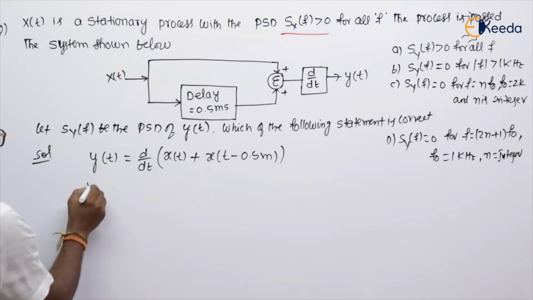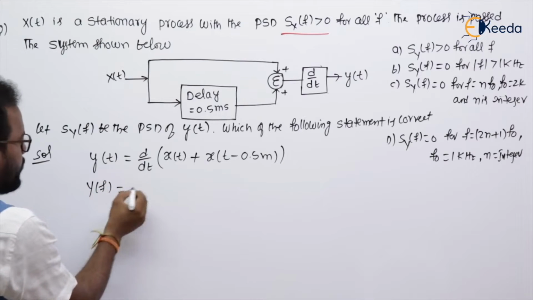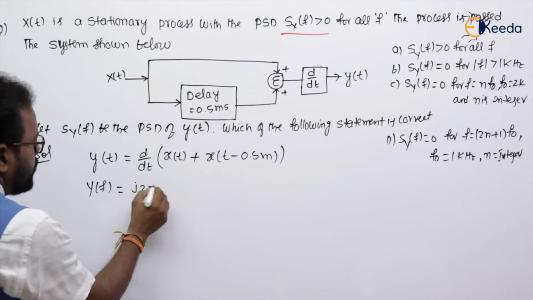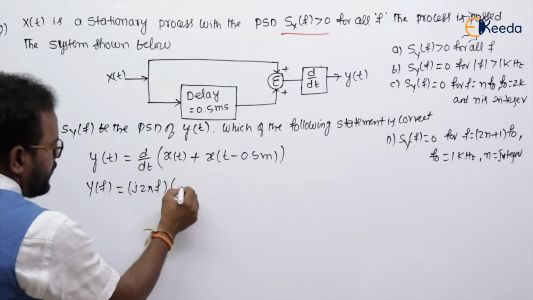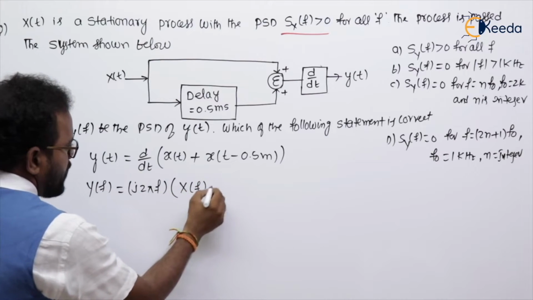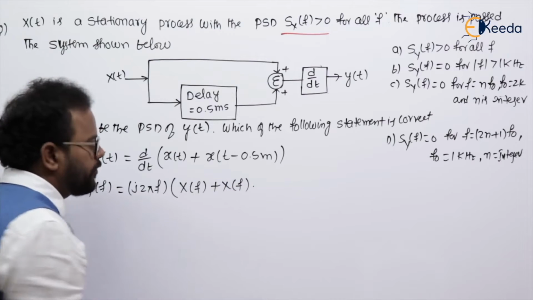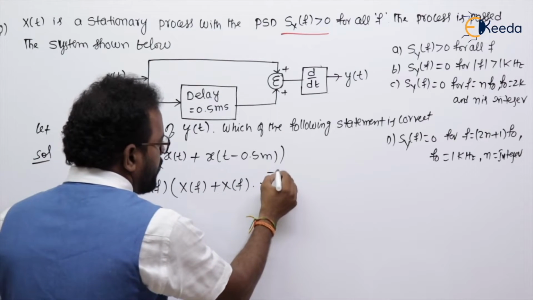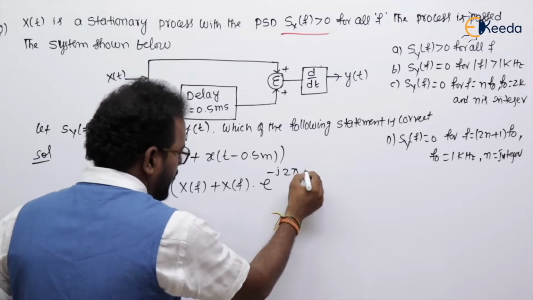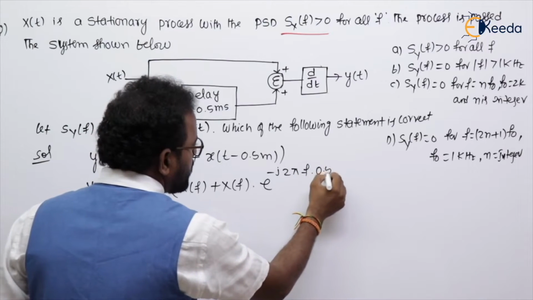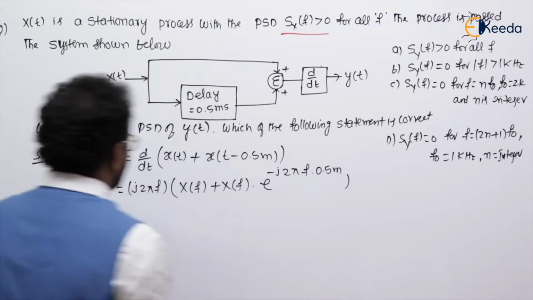Now apply the Fourier transform. Y of f is the differentiator j2 pi f, times x of f. Let us assume x of t gives x of f, and because of the shifting, an exponential e power minus j2 pi f t naught, where the t naught value is 0.5 milli.